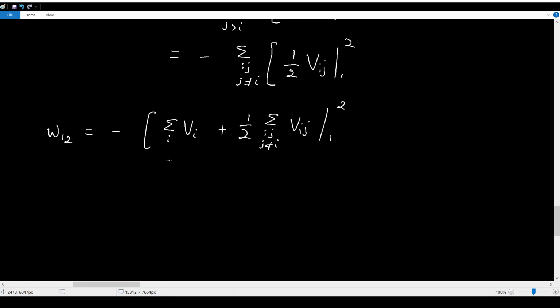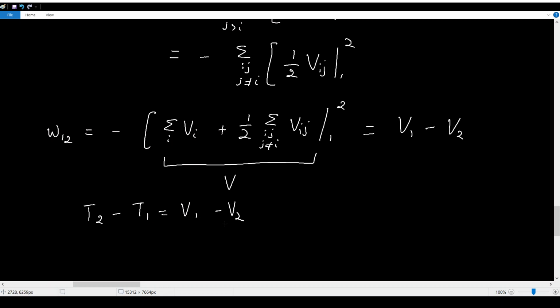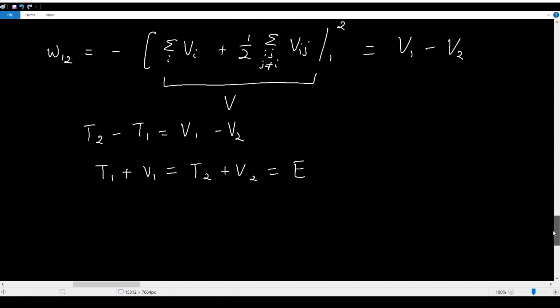And what we're actually going to do is define this as the total potential V. So this becomes the total potential, and this is of course V1 minus V2 because of the negative sign here. So comparing this with the quantity before, we have T2 minus T1 equals V1 minus V2, and as we did before, T1 plus V1 is equal to T2 plus V2, and this is of course a constant which we call E, the energy.